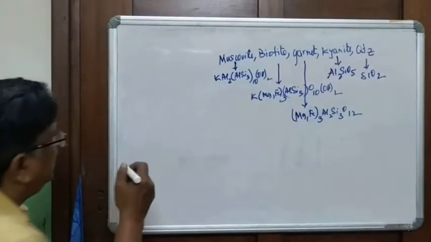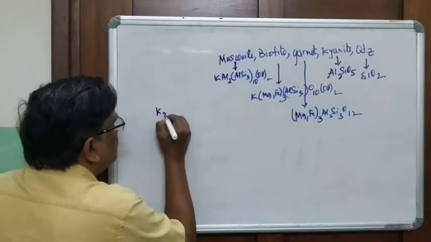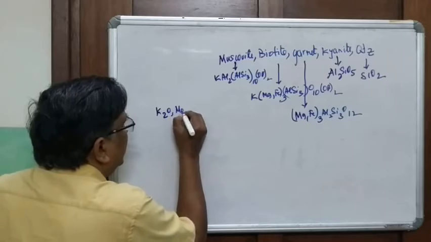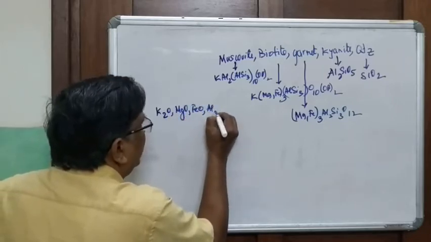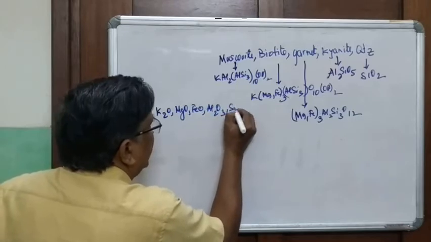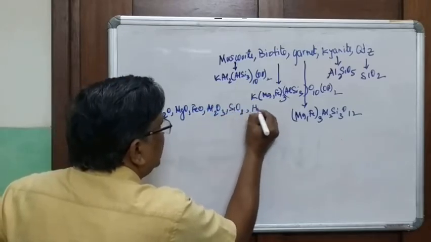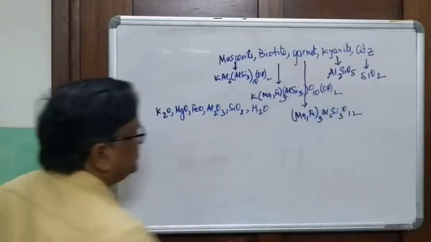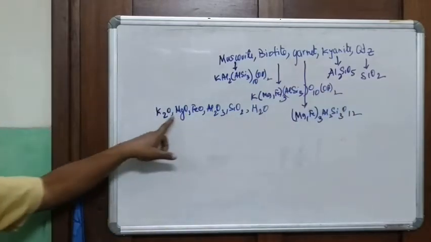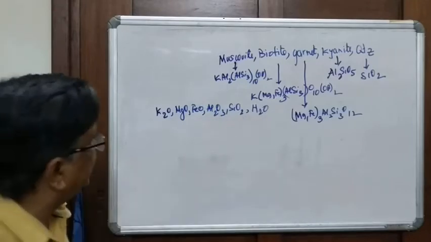So, let's say K2O, MgO, FeO, Al2O3, SiO2, H2O. Why H2O? Because of the hydroxyl radicals. So K2O, MgO, FeO, Al2O3, SiO2, H2O.